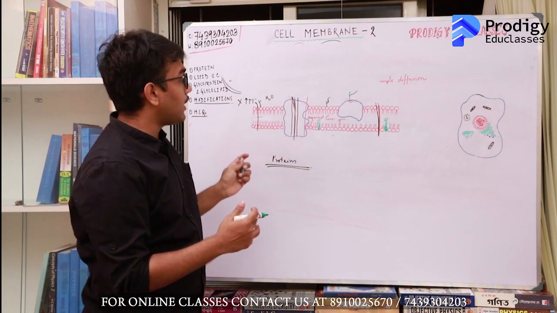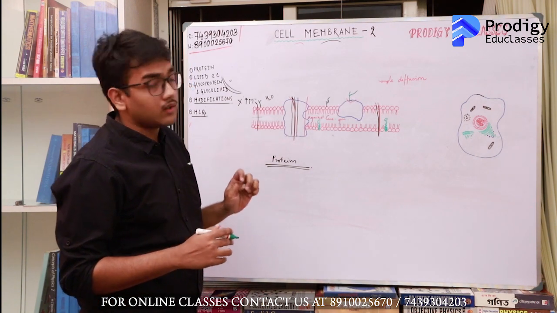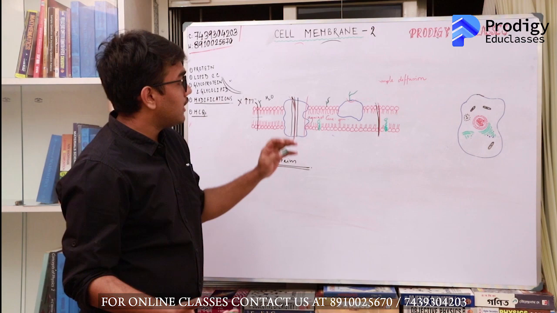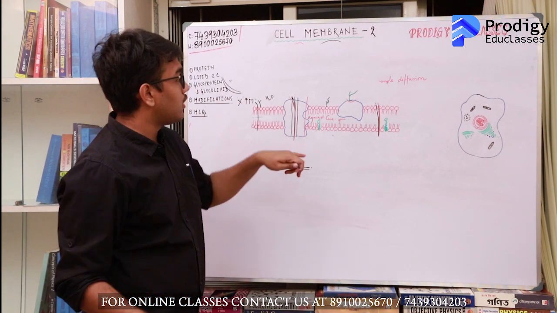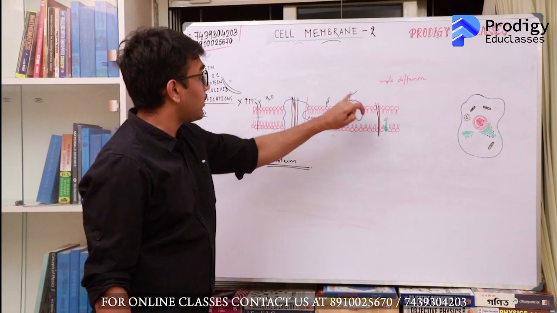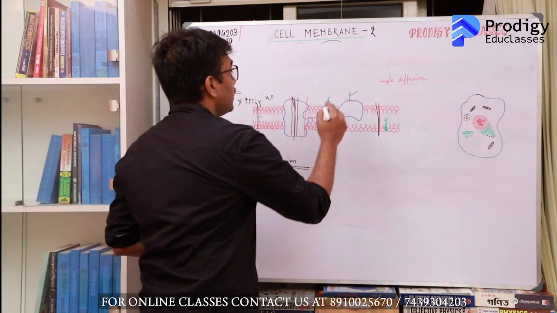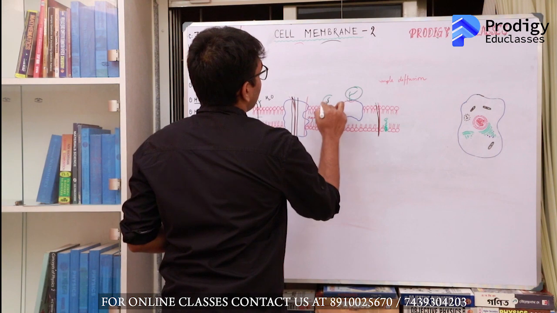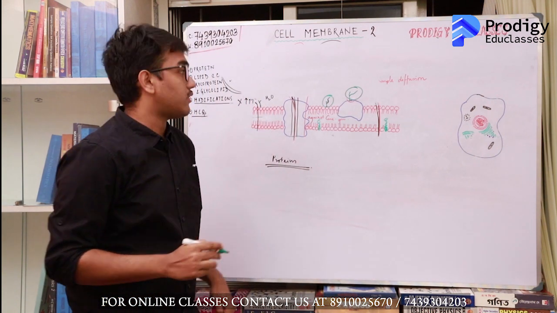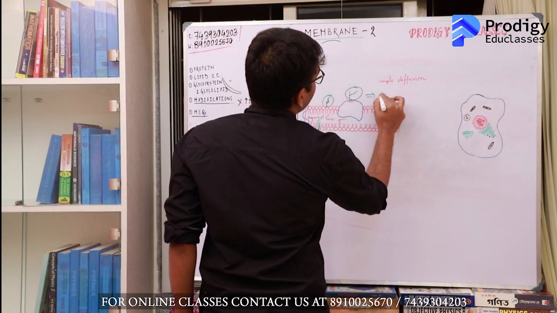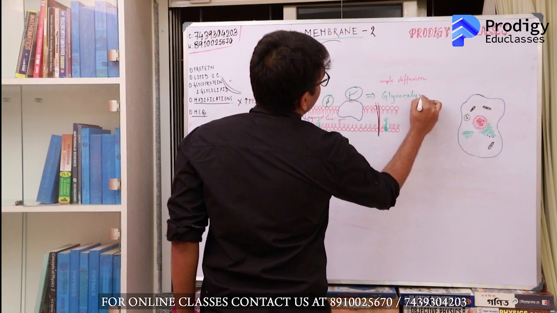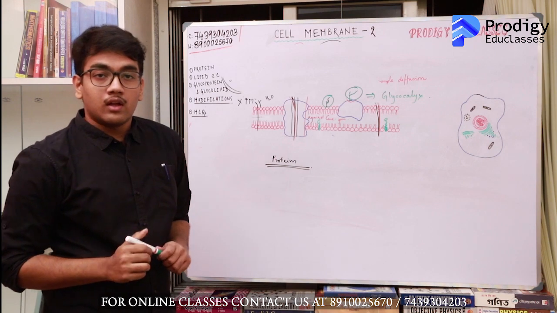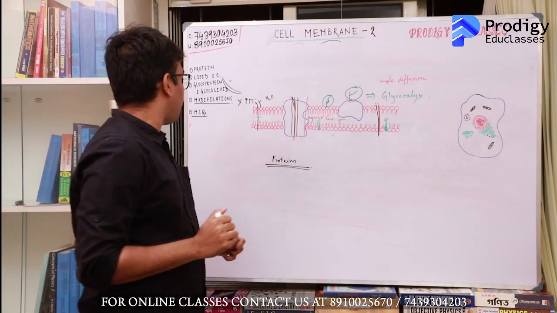Okay, when one cell is sending a signal, the cells of immunity, various chemical messengers, various nerve transmission will all take place through these receptors. So the oligosaccharides present on the lipids and proteins will essentially form the glycocalyx, which is also a part of the cell membrane region.